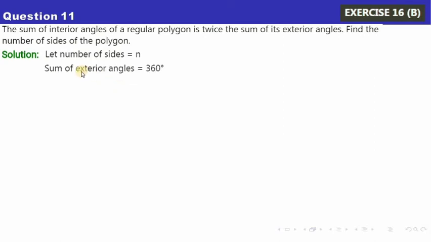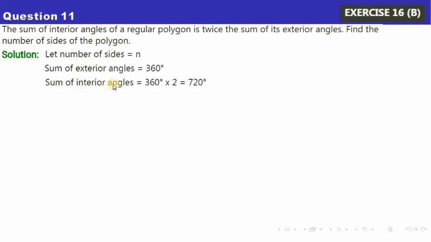Now you know that the sum of the exterior angles is always 360 degree. The sum of the interior angles is twice the sum of its exterior angles. Twice means double. So the sum of interior angles is 360 degree into 2, which is 720 degree.